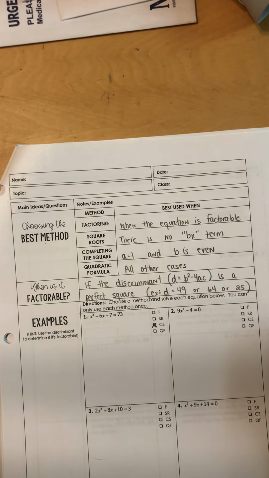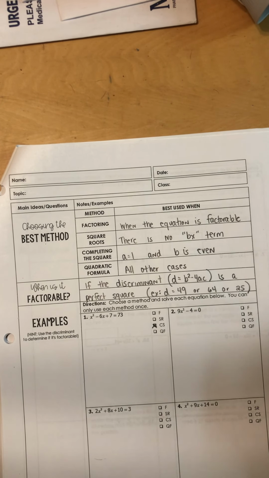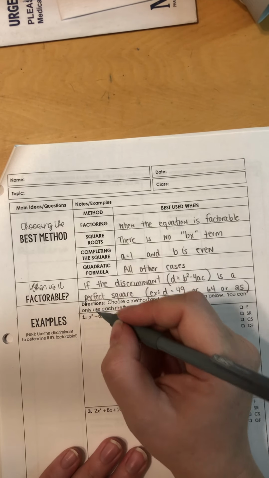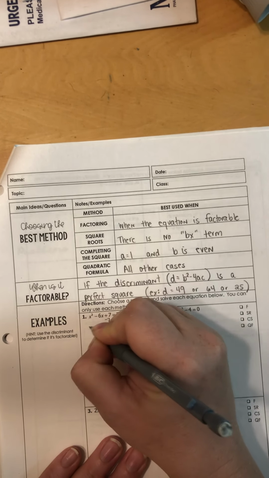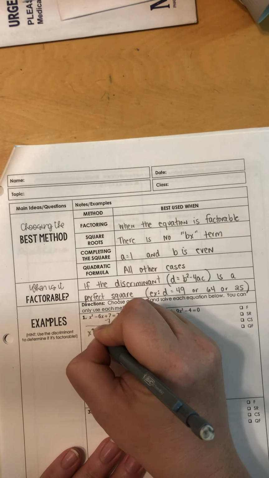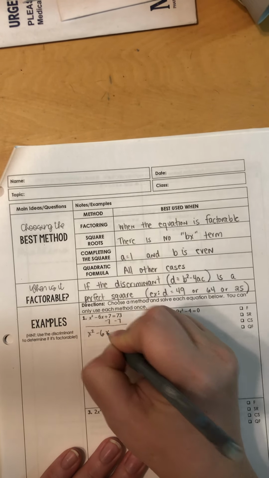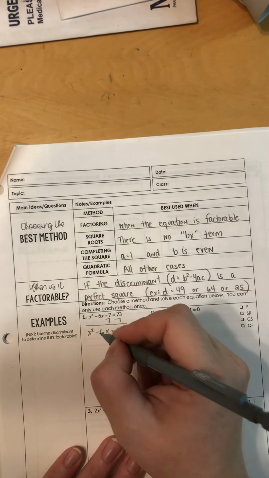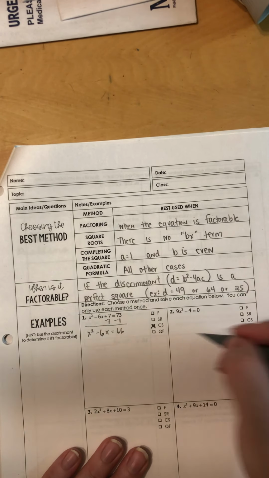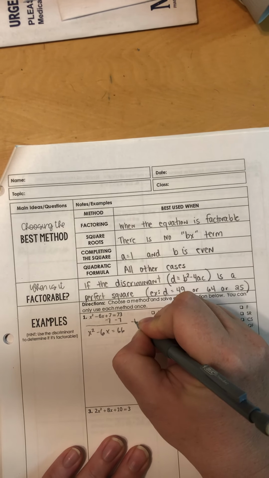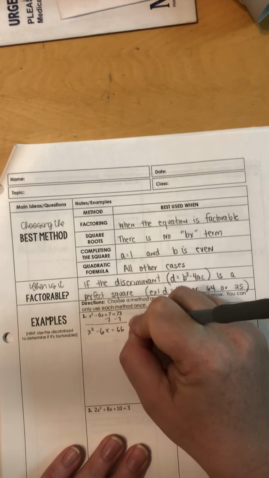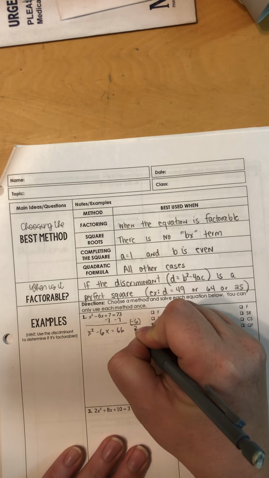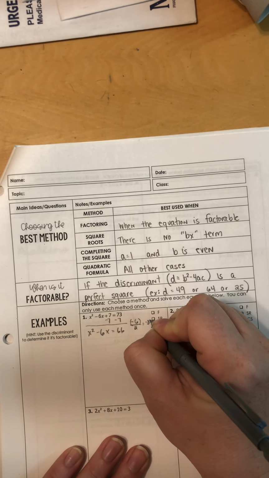Again, what do we do when we complete the square? I need to get my c over to the right side, so I subtract 7. I get x squared minus 6x equals 73 minus 7, which is 66. Off to the side, negative 6 divided by 2 is negative 3, squared.